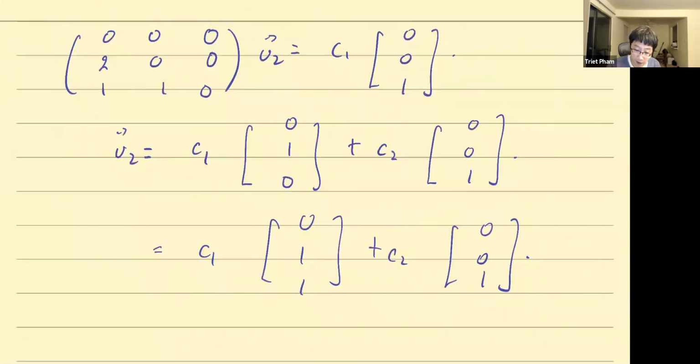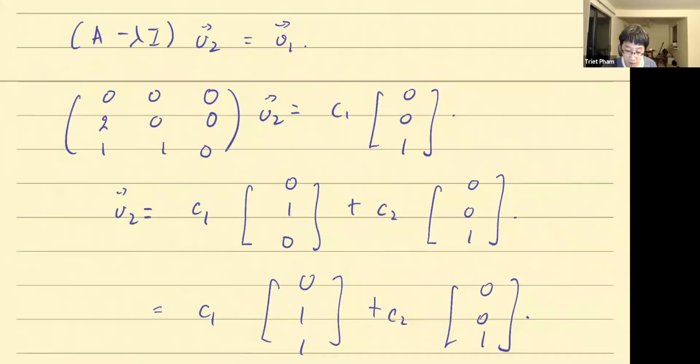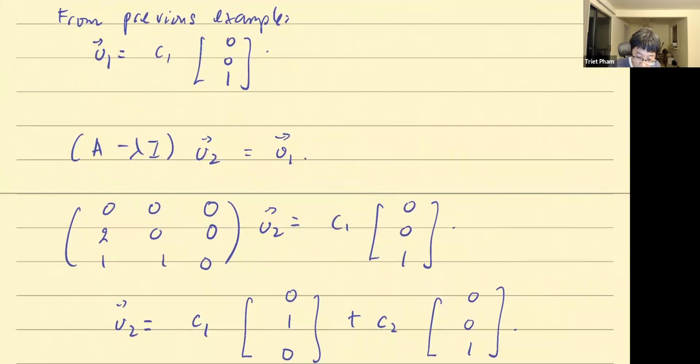So in fact, in general, if some of you are observing, it's going to be like this: (0, C1, C2). That's what it says, whatever C1, C2 it is. Where V1, if you want, is (0, 0, C1).